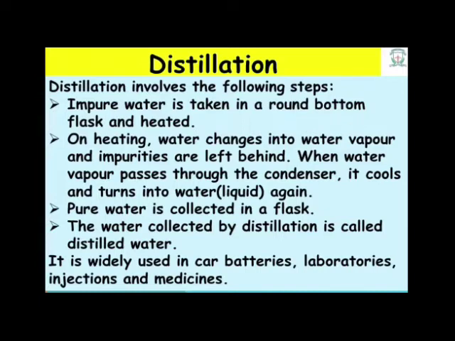When water vapor passes through the condenser, it cools and turns into liquid again. Now pure water is collected in a flask. The water collected by distillation is called distilled water.